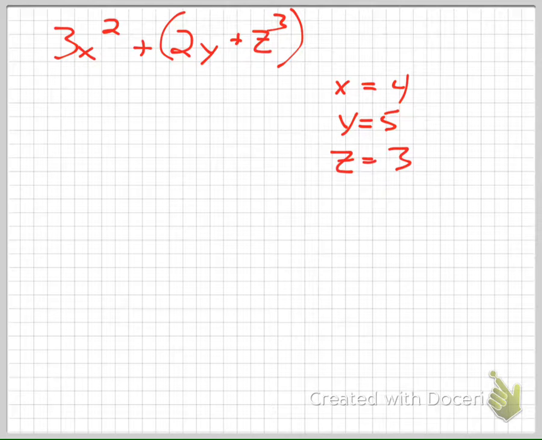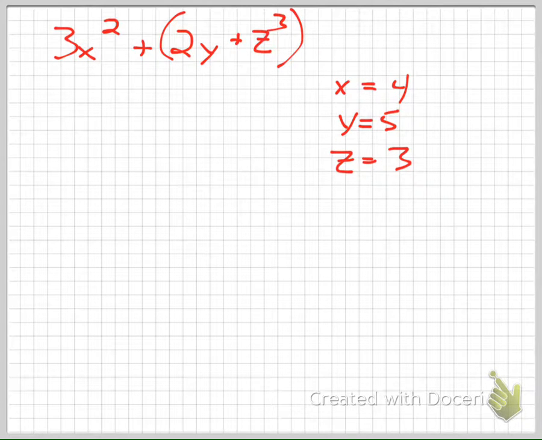What do they say I need to do here? Simplify. How do I do this? What are the steps that I do here? What do I have to do before I do anything? Does it help me at all to have an x and a y and a z? Or is that going to help me answer this? So what am I going to do? Plug them in, right? I'm going to plug the numbers in.